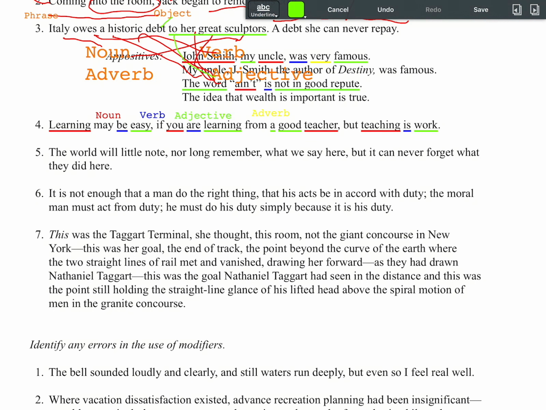You are learning from a good teacher. It tells us about the type of learning. So I think that whole thing, from a good teacher, is an adjective phrase. No, sorry, an adverb phrase because it modifies learning, which is an adjective. And if you modify an adjective, that is not an adjective, that's an adverb.